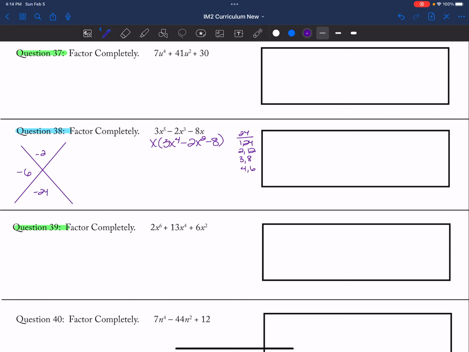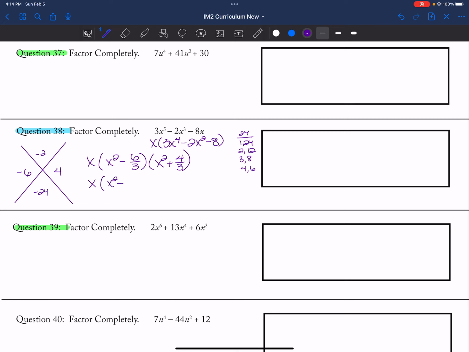-6 and a +4. Okay, so then this factors to an x squared minus 6 over 3, and then an x squared plus 4 over 3, because I am dividing by my a term.